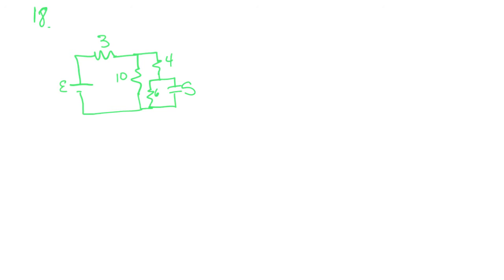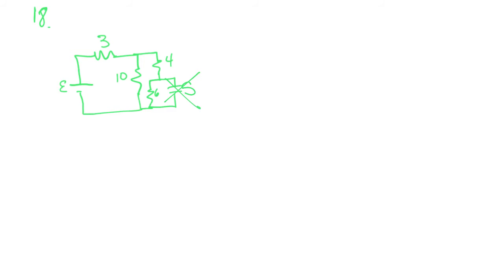In this case though, there's no switch, right? So this is like that long time thing. So you can definitely assume that the capacitor is charged here. So if the capacitor is charged, then that means that it's a break.